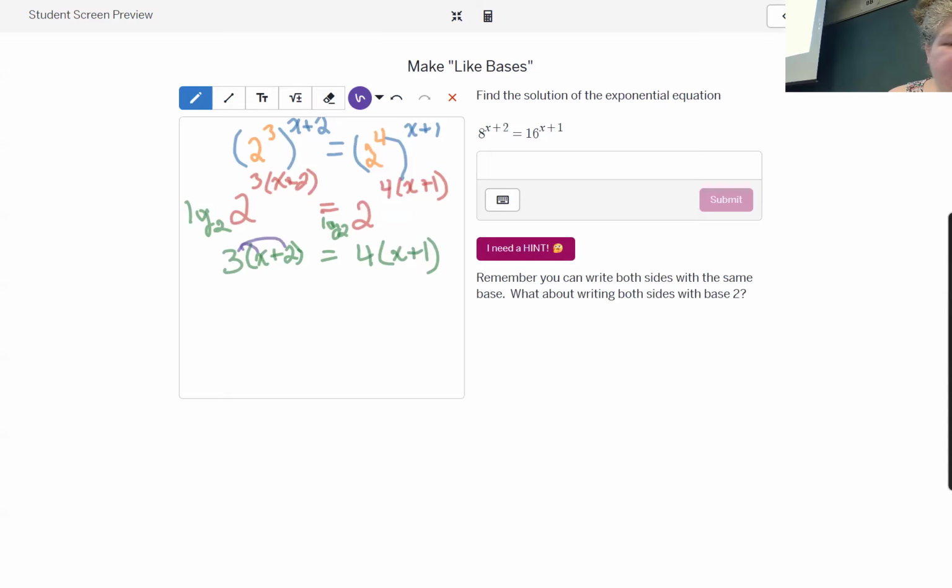So now we just distribute. We have 3x plus 6 equals 4x plus 4. All right, so if I minus 3x, 4x minus 3x will leave me with x. And then I'm lazy, so at the same time, I'm also going to minus the 4. So I end up with 2 equals x.